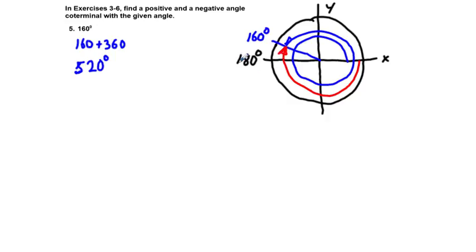So we went negative 180 degrees plus another negative 20 degrees, so we're going to get negative 200 degrees. Is that right? Yeah, I think that's right. So these would be our two angles, one positive and one negative.